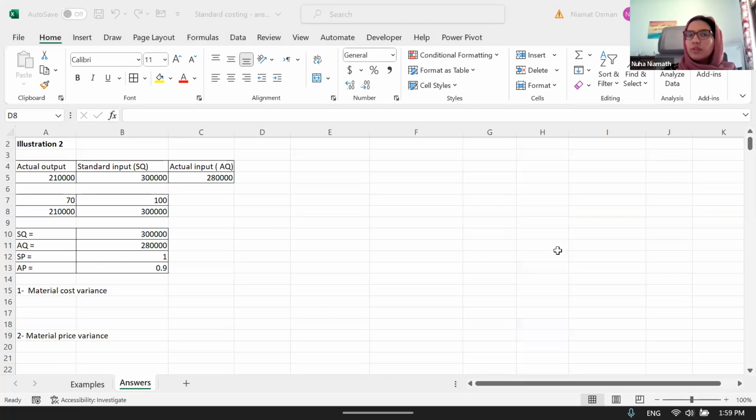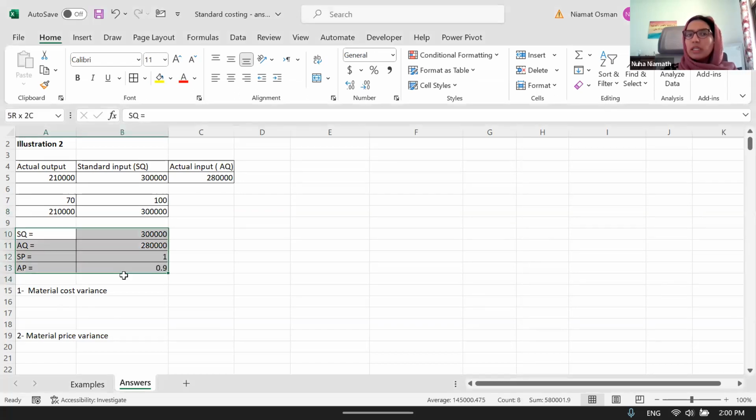All clear, everybody? I'm not having any response in the chat box. Okay, thank you, Taslima. Thank you, Neetu. Okay, so I hope everybody has got these four amounts.